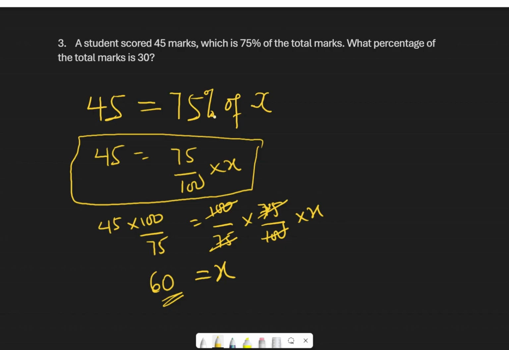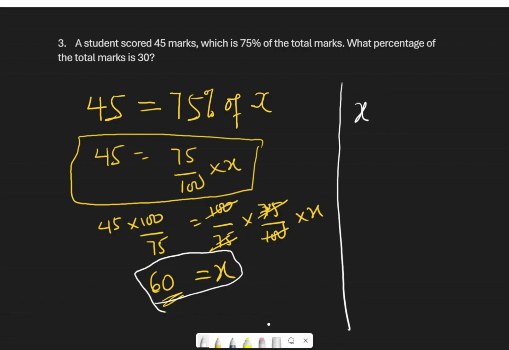Now the question is, what percentage of the total marks is 30? What is the total marks? We've got 60. So what percentage of the total marks is 30? Let's say we used x already.